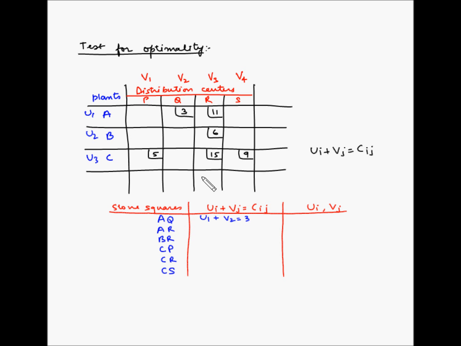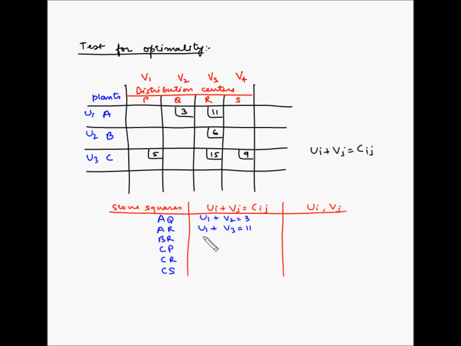For AR, Ui is U1, Vj is V3, and Cij is 11. So U1 plus V3 is equal to 11. For BR, Ui is U2, Vj is V3, and Cij is 6.